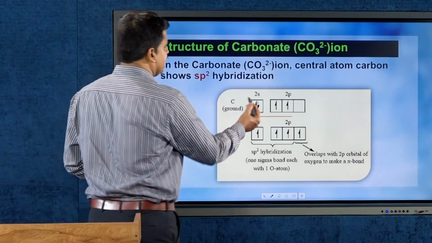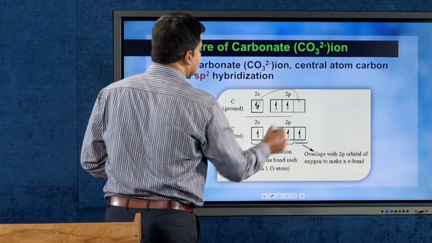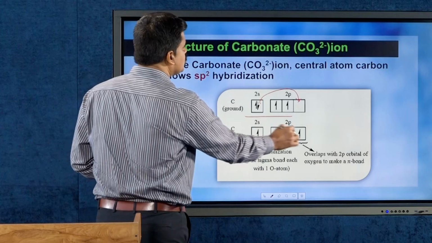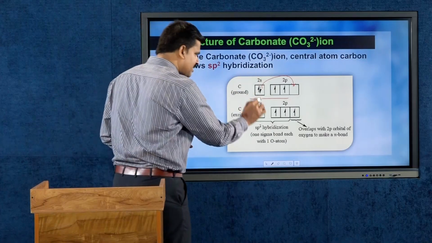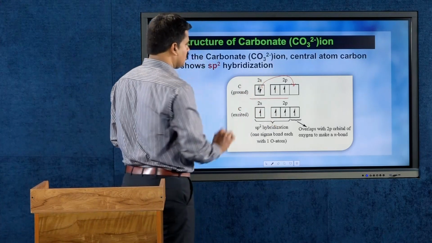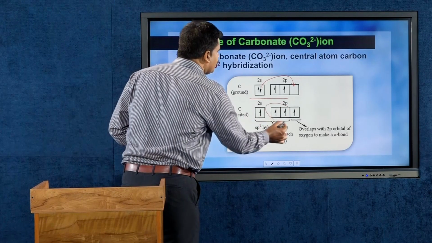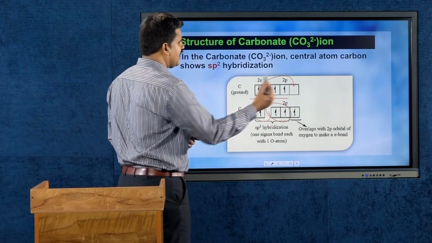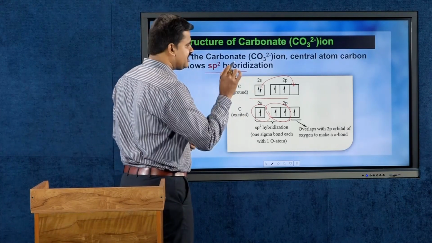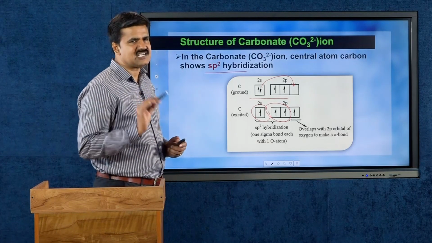Here, one electron from the 2s orbital is excited to the vacant 2p orbital to get the excited electronic arrangement 2s1 2p3. And among these, one 2s orbital and 2 of the 2p orbitals undergo hybridization, leading to sp2 hybridization, and there is one unhybridized p orbital also present in the carbon atom.